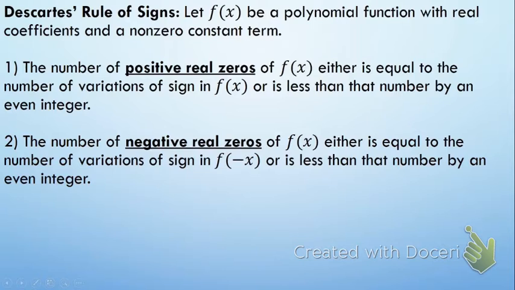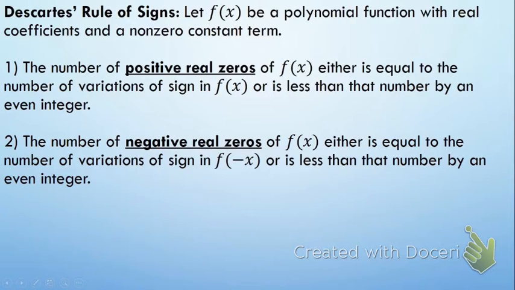So let's pretend that the sign changed 5 times. I counted it up, sign changed 5 times. There could be 5 positive zeros, or 3, or 1? What about if I counted it up and there were 6 sign changes? Could be 6 or 4 or 2 or none.